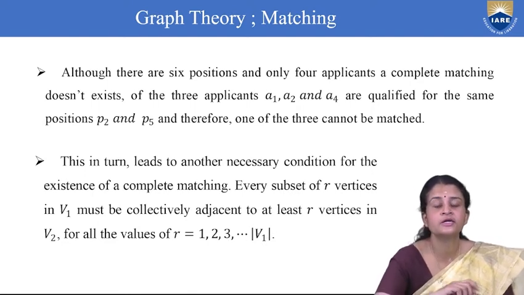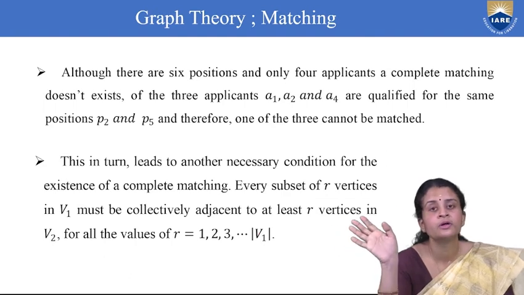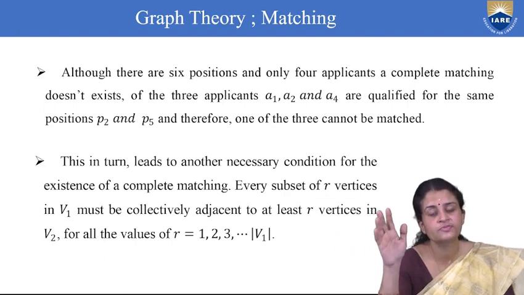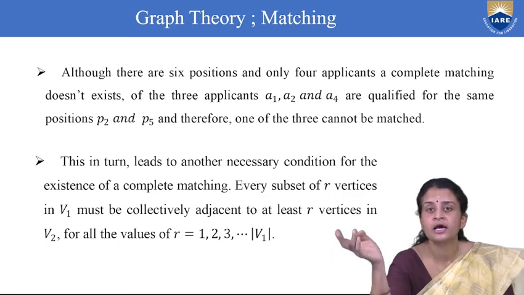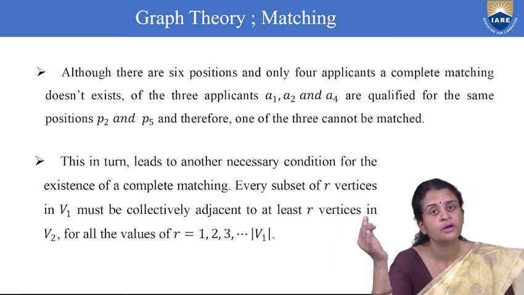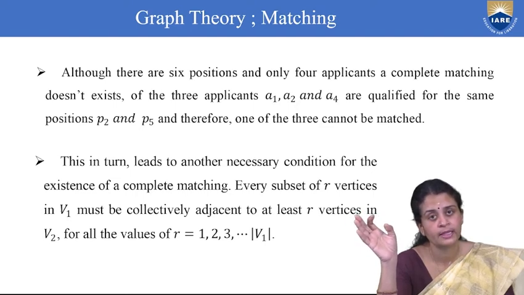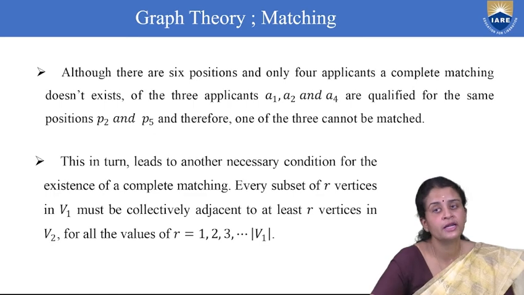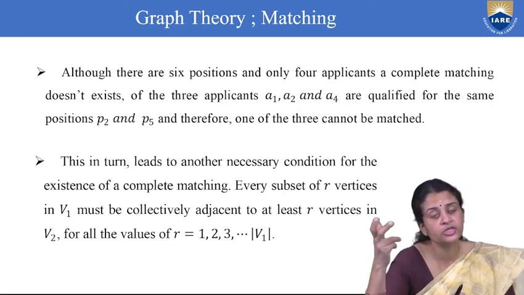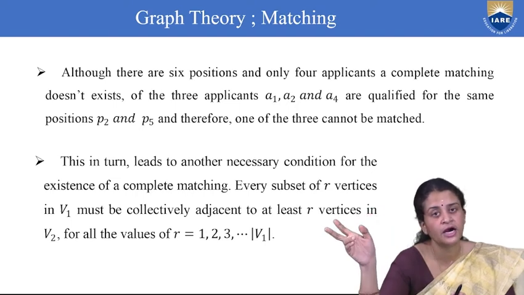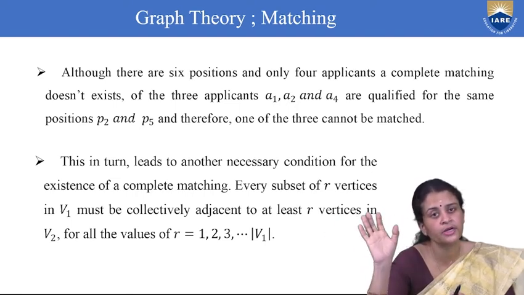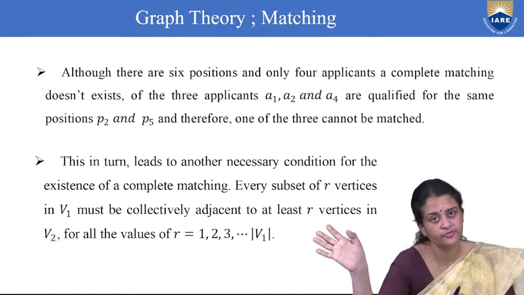If all 4 were fit only for the positions P2 and P5, can I take all 4? No, only 2 could have been taken. So the necessary condition for a complete matching is that for any subset of R vertices in V1, they should collectively be related to at least R vertices in V2.